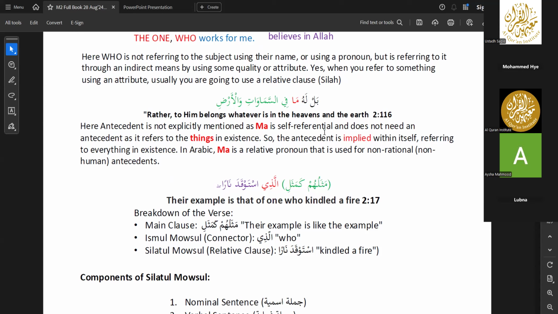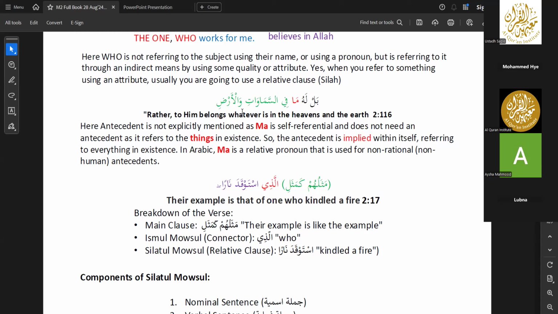Here, this is slightly different. There's an important point for you to make a note of. What we are talking about here is self-referential, meaning there is no external antecedent here. It's implied within itself.